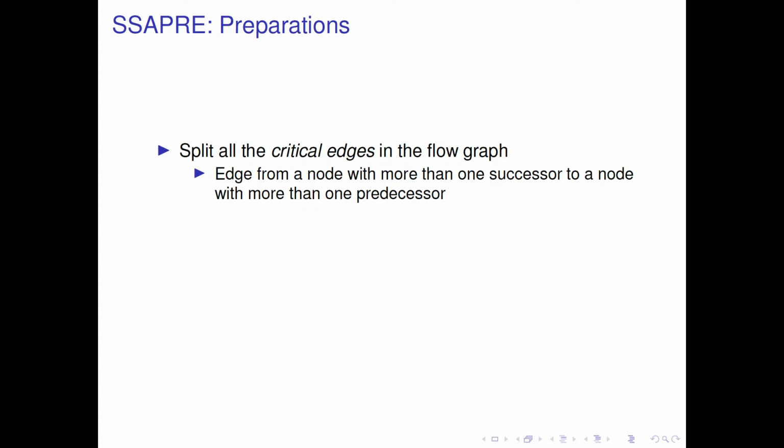Why is such an edge a problem? Intuitively, an edge from a node with more than one successor to a node with more than one predecessor is a problem, especially when you are having data flowing in both directions, forward and backward.